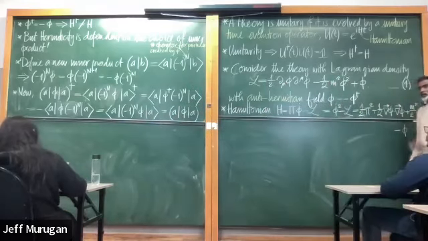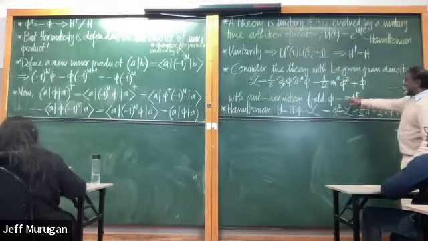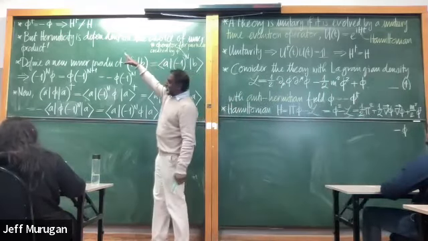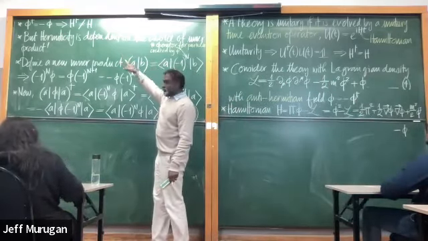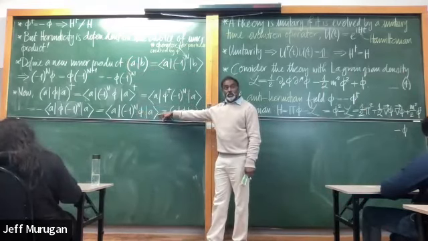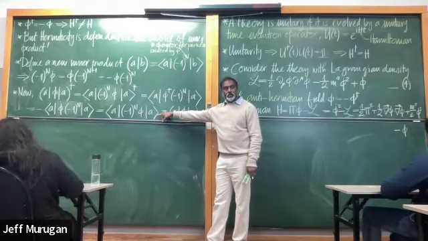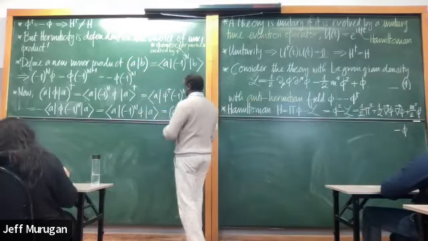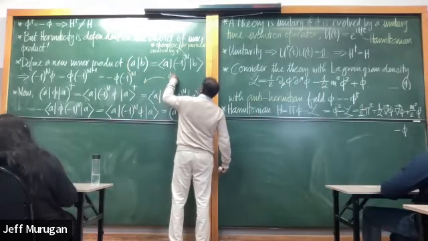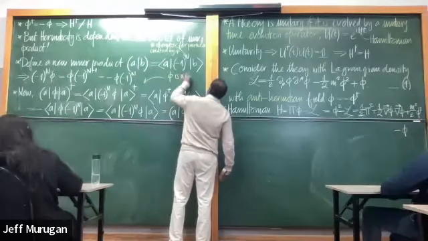So phi, the thing that really screwed up everything for our Hamiltonian up there, is Hermitian with respect to this inner product. So this means that phi is now Hermitian.